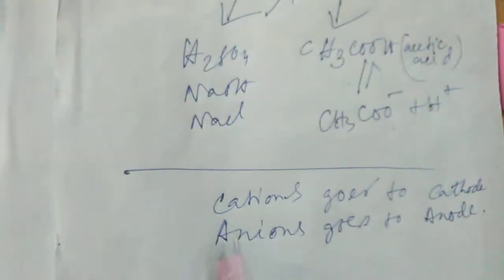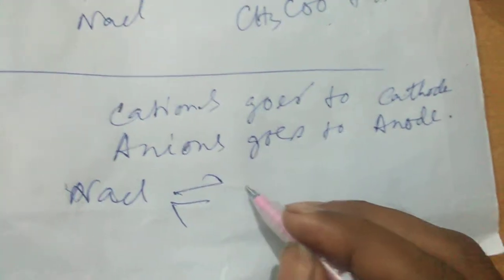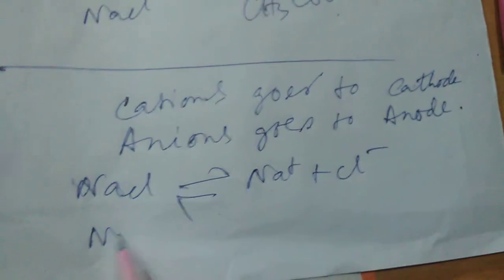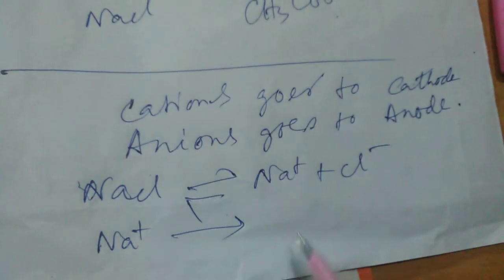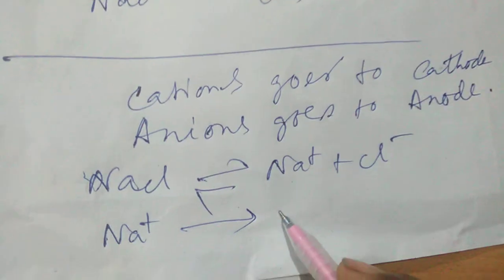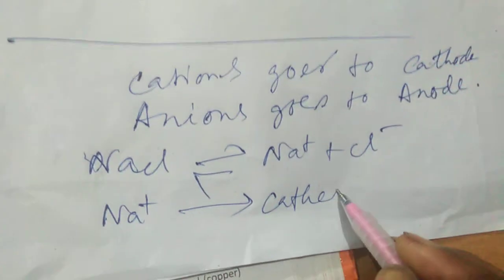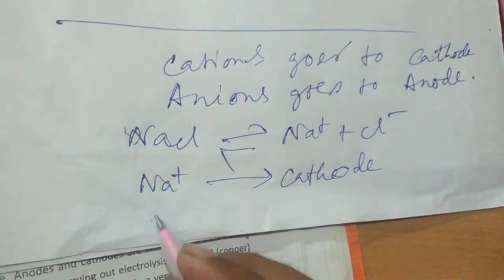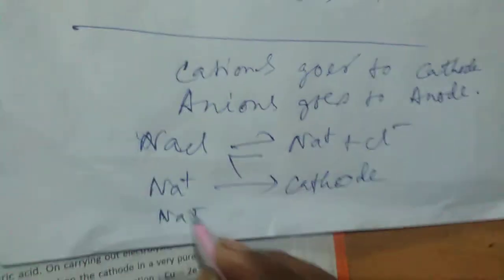So for NaCl, first it dissociates into Na+ and Cl-. Then Na+ goes to the cathode because it is a cation, and the cathode is the negative plate. So the cation will go to the negative plate, the cathode, and there it will accept electrons.